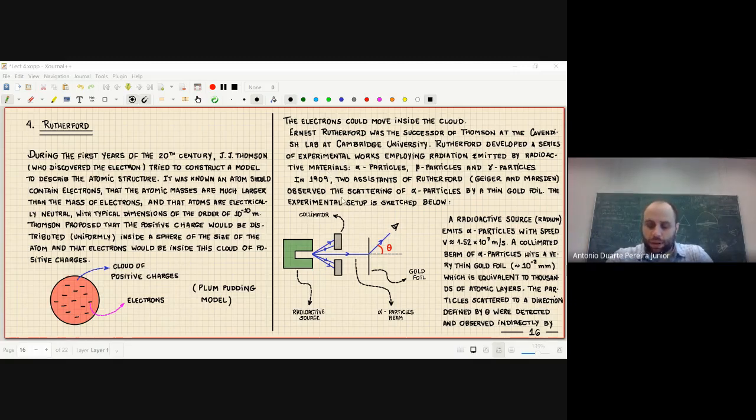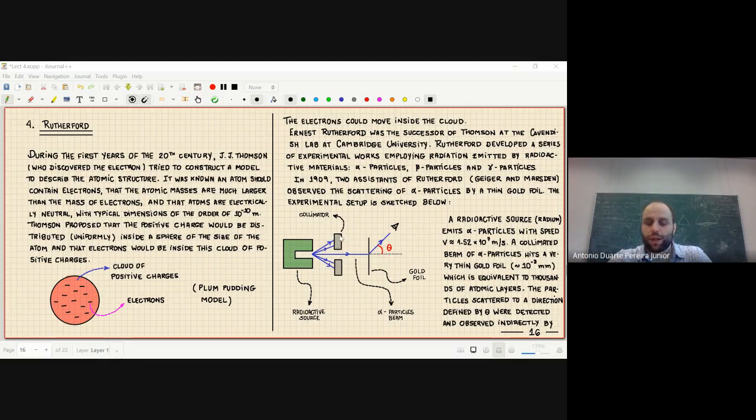And in particular, the setup that he used was the following. So this equipment here is formed by some radioactive source. In particular, he used radium. This emits radiation, and this radiation is emitted in several different directions. And in order to select just one direction, he introduced this collimator here.